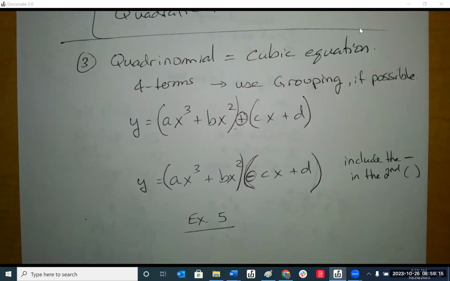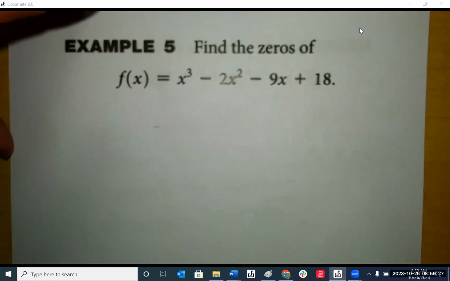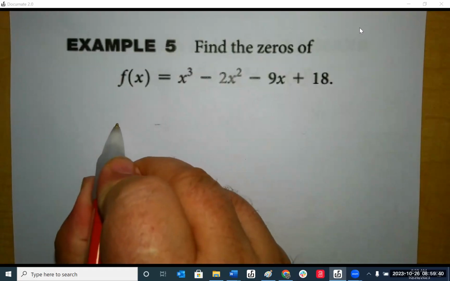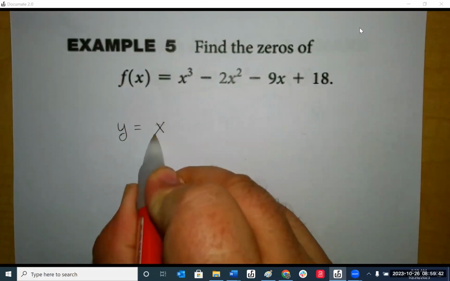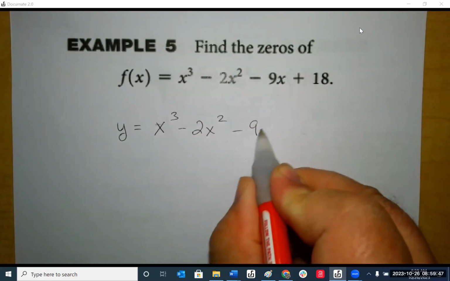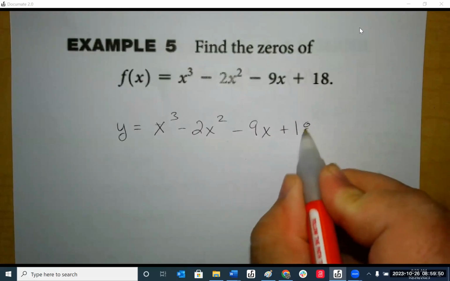Let's look at example 5. Find the zeros. We have x cubed minus 2x squared minus 9x plus 18.